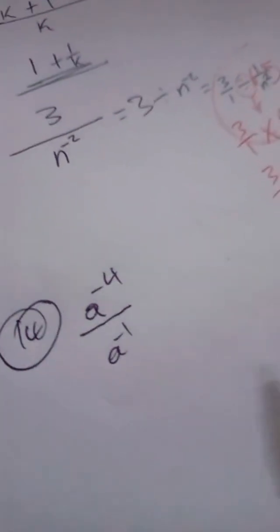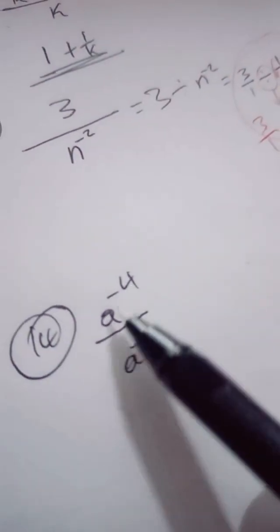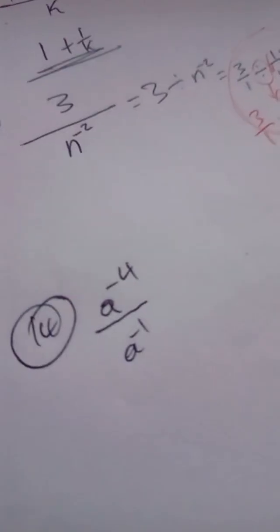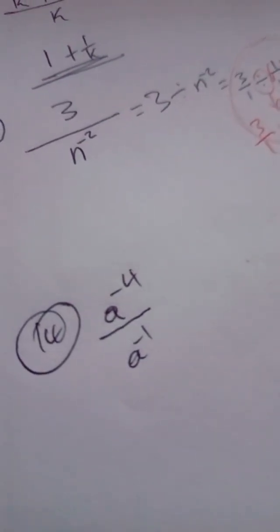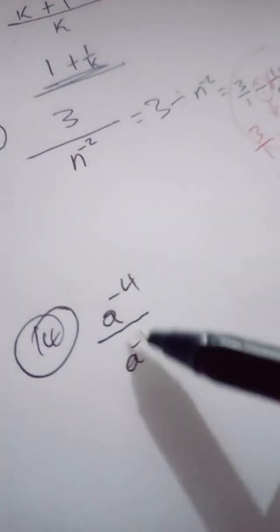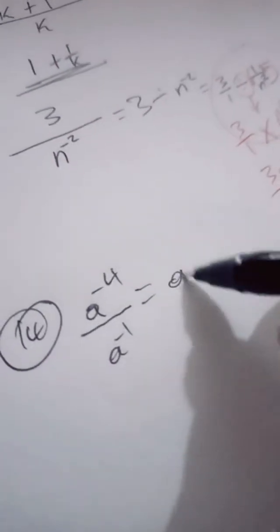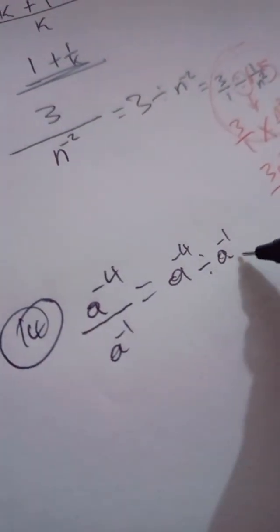Right. So now, remember, we talked about converting negatives to what? To positives. Negative exponent must be changed to positive. To make this easy for us, let's convert our question to a to the power negative 4 divided by a to the power negative 1.